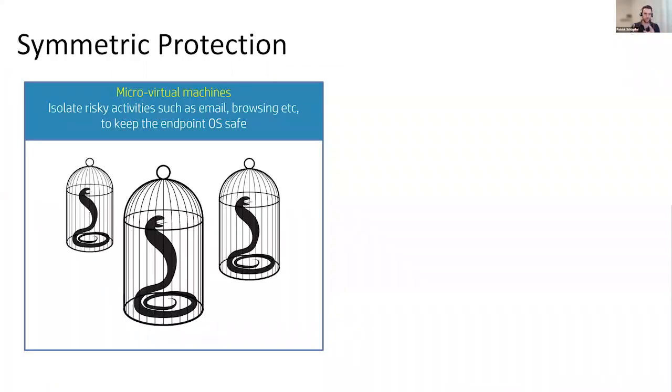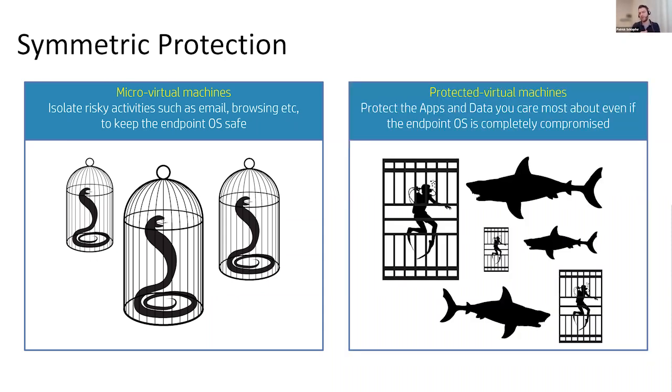So to finish up, the whole concept of micro virtualization is that we focused on isolating the risky tasks within a micro virtual machine. So we have the risky Office document or risky PDF file within the micro VM, and it is not able to infect the host. But you can turn around the whole concept and say, let's assume we have a compromised host machine, but we still need to do some sensitive tasks.